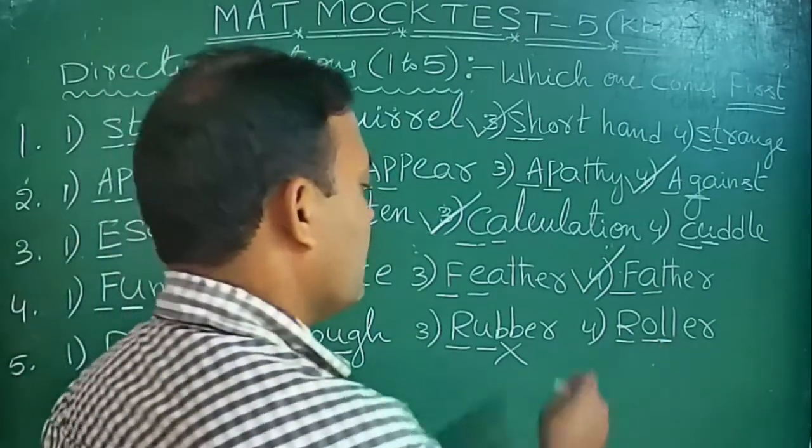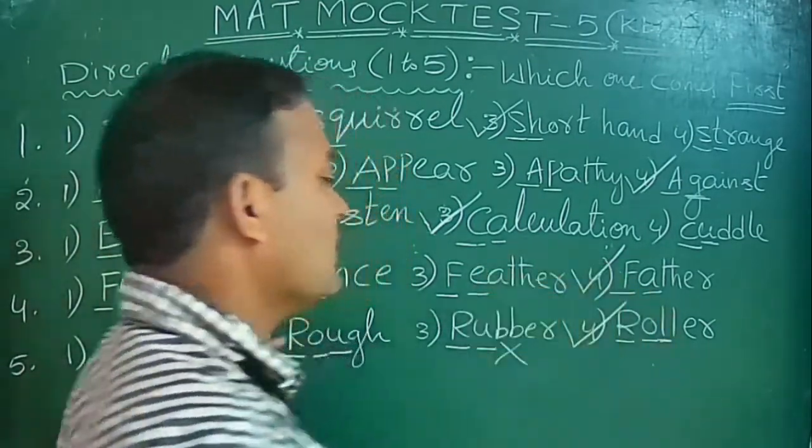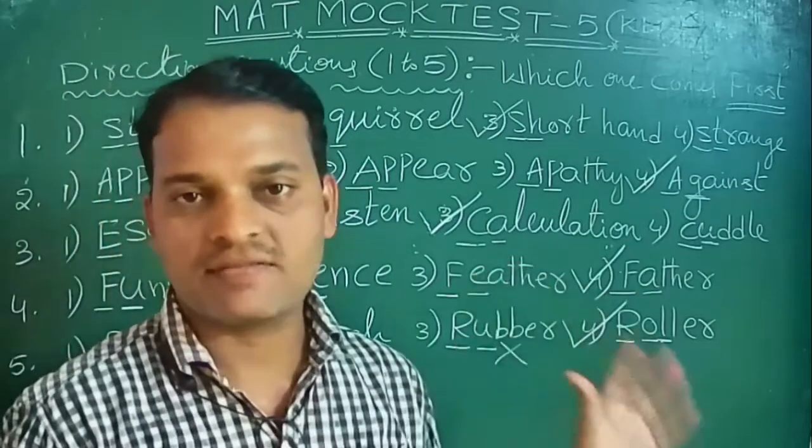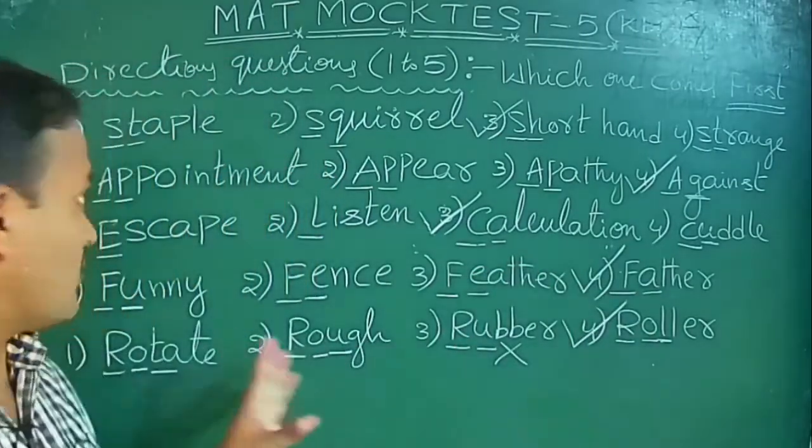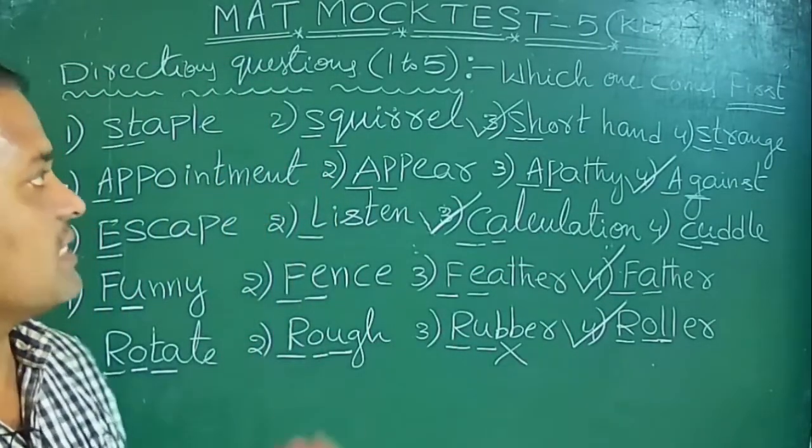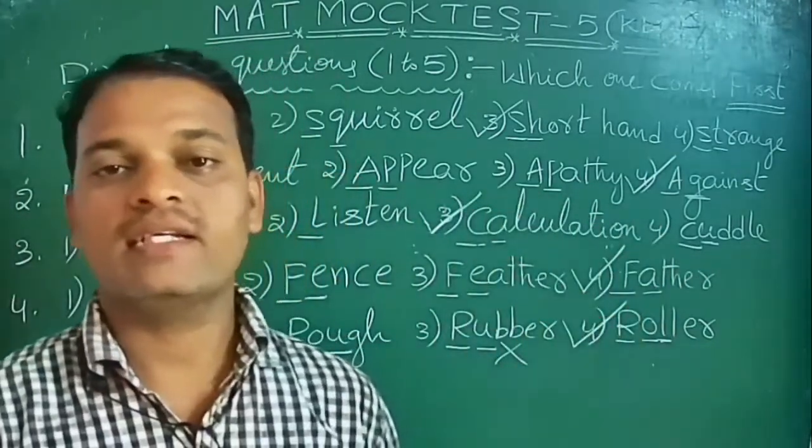So the fourth word comes first as per dictionary order. This is about questions 1 to 5, dictionary order questions.